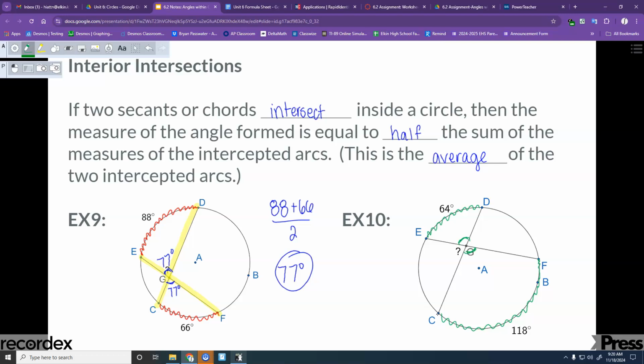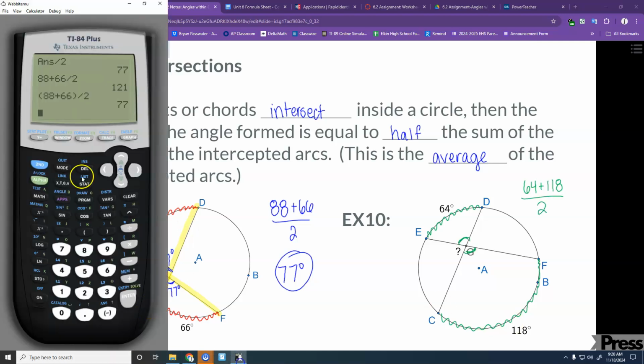So this is going to take an extra step, but it's not all that difficult. To find an average of two numbers, you just add together and divide by 2. So 64 plus 118 divided by 2. Going over to our calculator, 64 plus 118 is 182. Divide that by 2, we get 91.